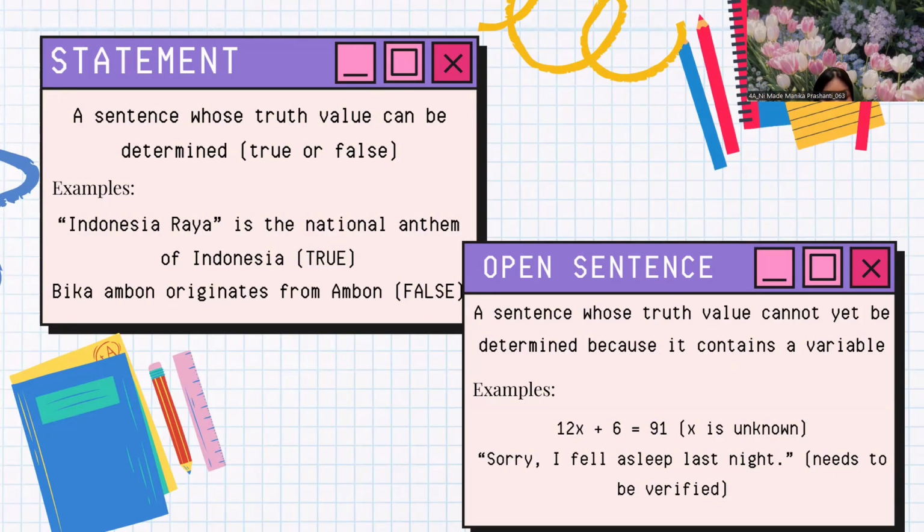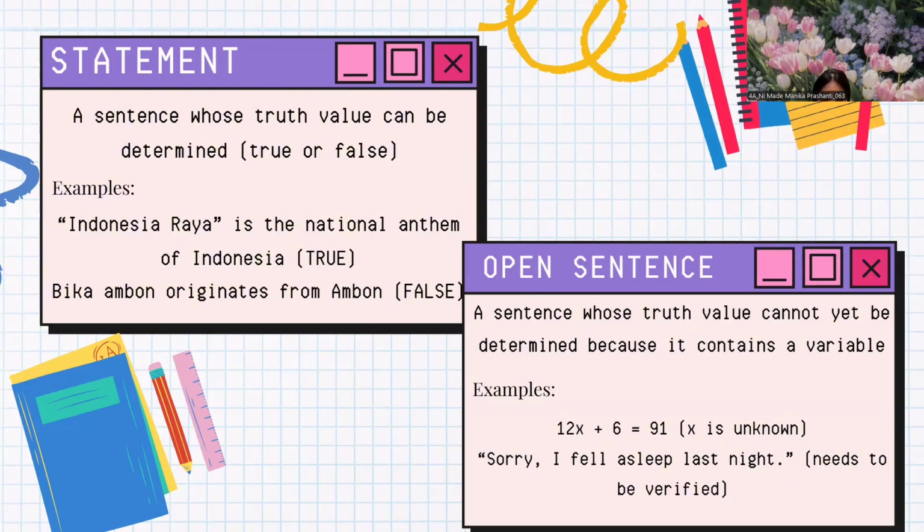This is an interesting example. While the name suggests it's from Ambon, it actually originates from Medan. Because we can prove this fact wrong, the sentence is a statement with a truth value of false.